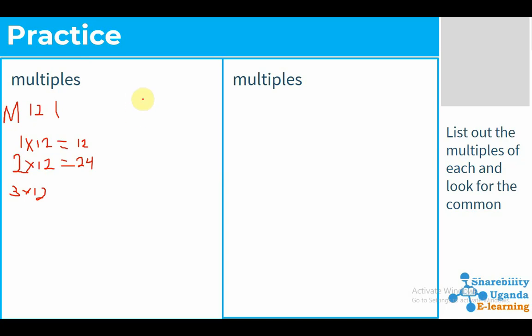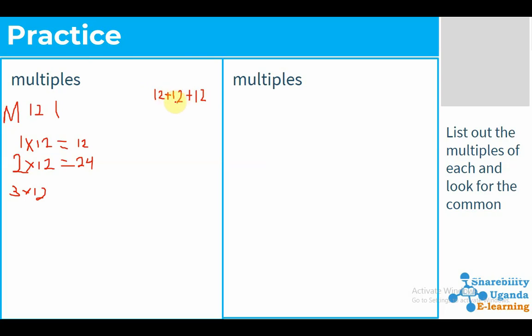This is how it works. 3 times 12 means we have our 12 the first time, we have our 12 the second time, and we have our 12 the third time. So we make this addition. This is multiplication as repeated addition. So we add them now because they are 12s: 12 plus 12 we get 24.